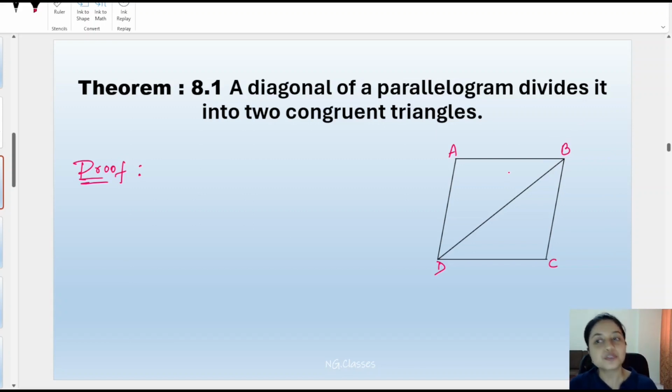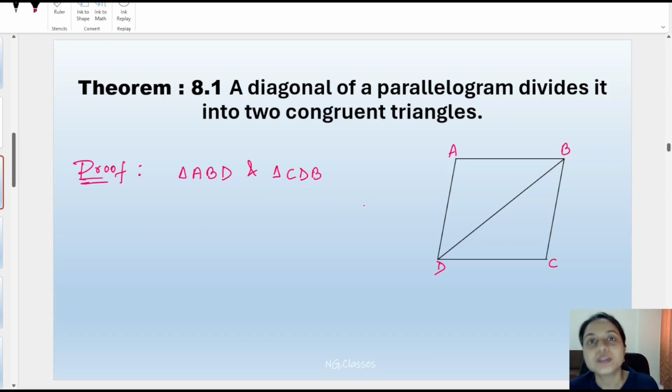So we have to prove that diagonal BD is dividing the parallelogram into two congruent triangle. Here we can see two triangles, that means triangle ABD and triangle CDB. Let's write it. So we are having triangle ABD over here and triangle CDB.